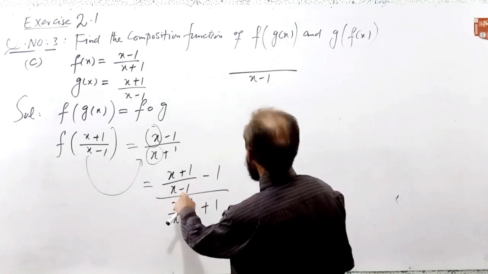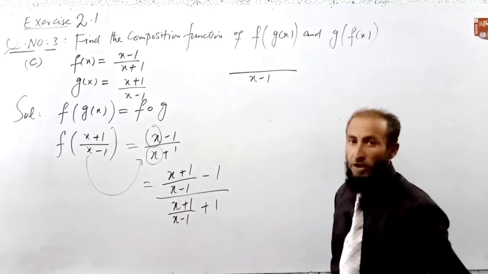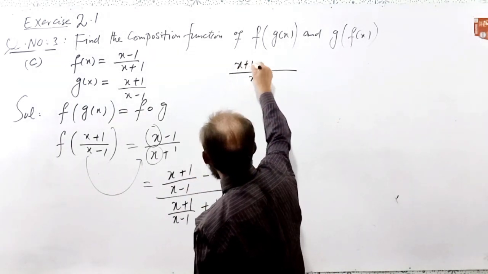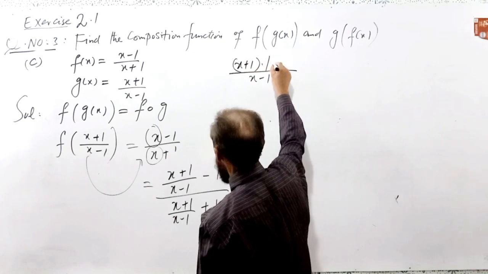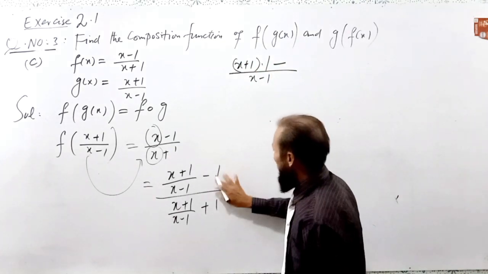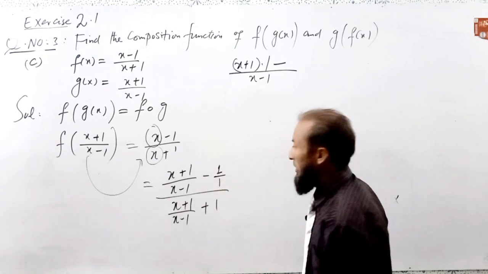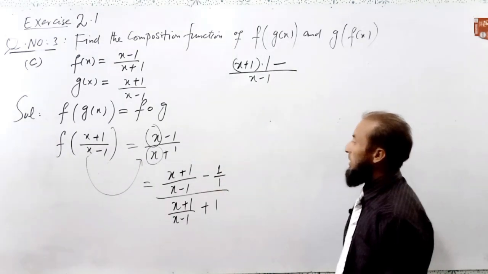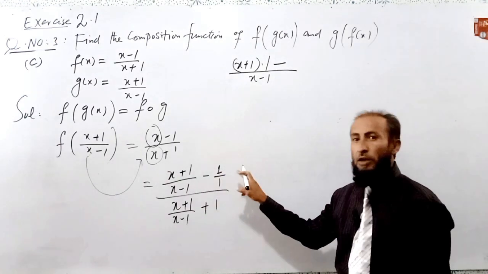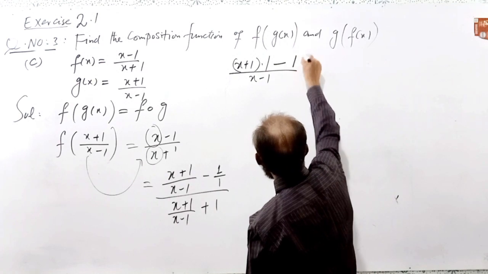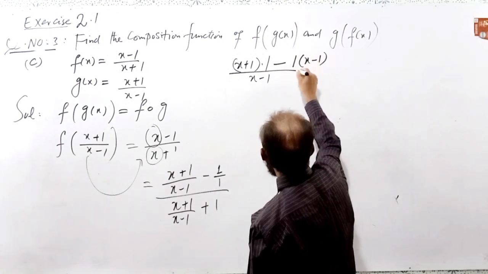So x minus 1 divided by x minus 1, we get 1. 1 is multiplied to the numerator terms, x plus 1 into 1 minus. Here in the denominator we have already 1. So x minus 1 divided by 1, we get x minus 1. X minus 1 is multiplied by the numerator, so 1 multiplied by x minus 1.